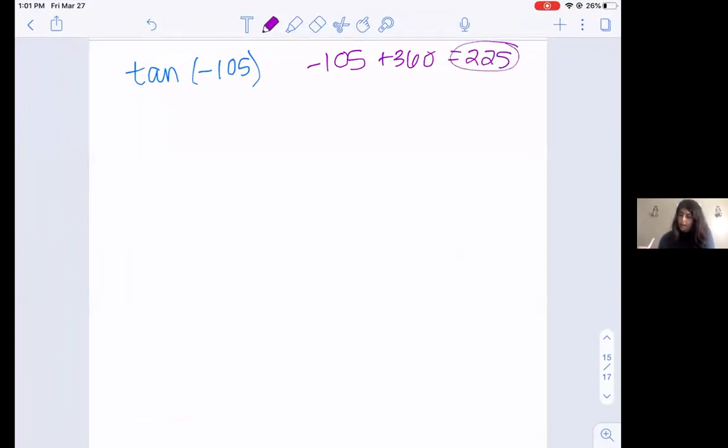It'll be the same exact thing, but I'm going to leave it like this because you'll have an example on your homework that's negative. It makes sense for me to use the subtraction formula, so I don't have to use negative angles in my evaluation. I can just subtract positive numbers.